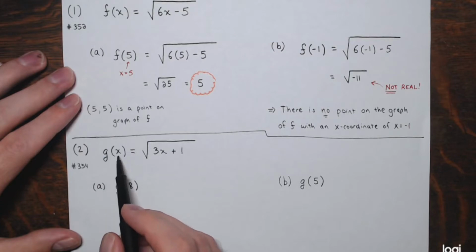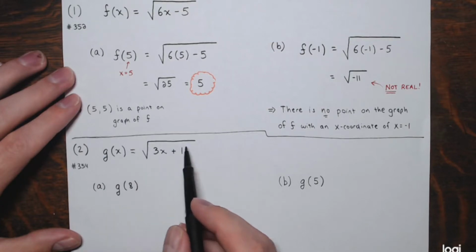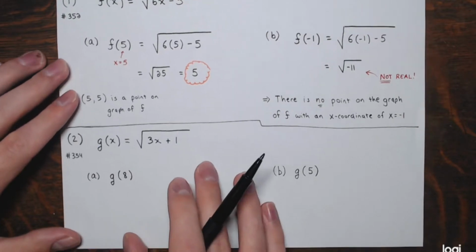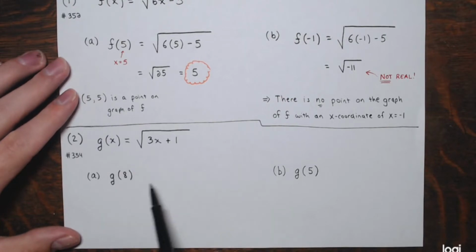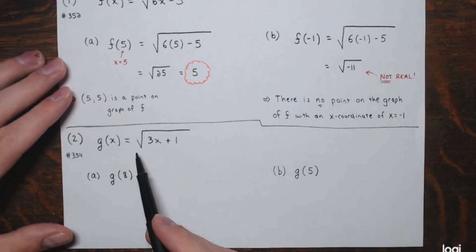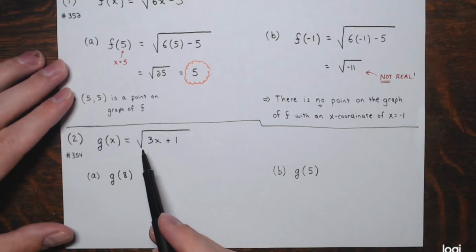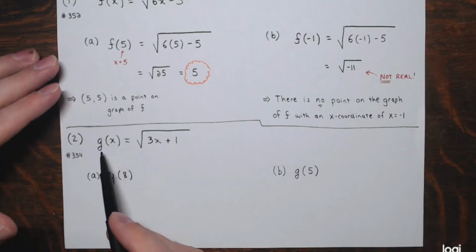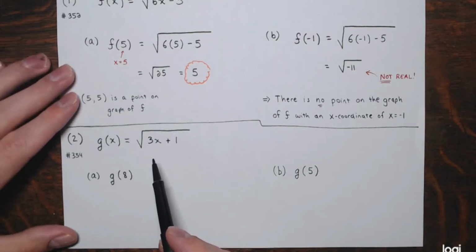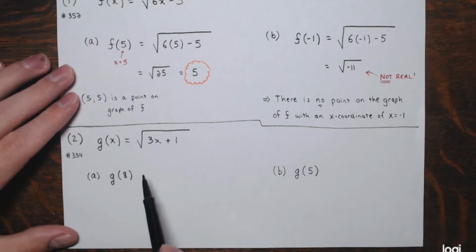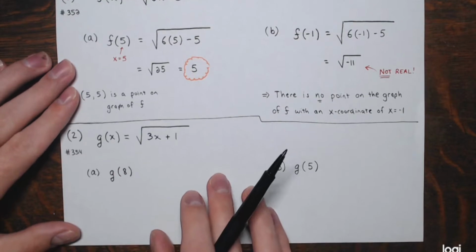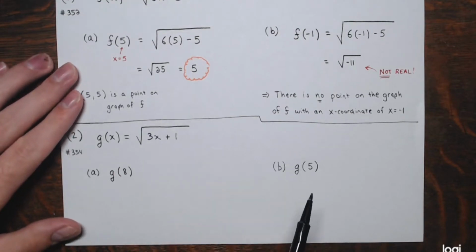So g of x equals the square root of 3x plus 1. And after I'm done with parts A and B here, I'll once again go to that Desmos graphing calculator and show you the picture of this, the graph of this function, all the ordered pairs that belong to function g with real number inputs and real number outputs.